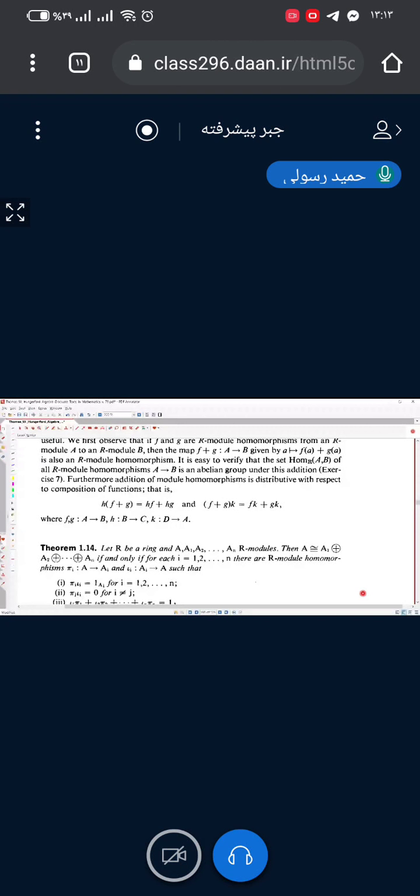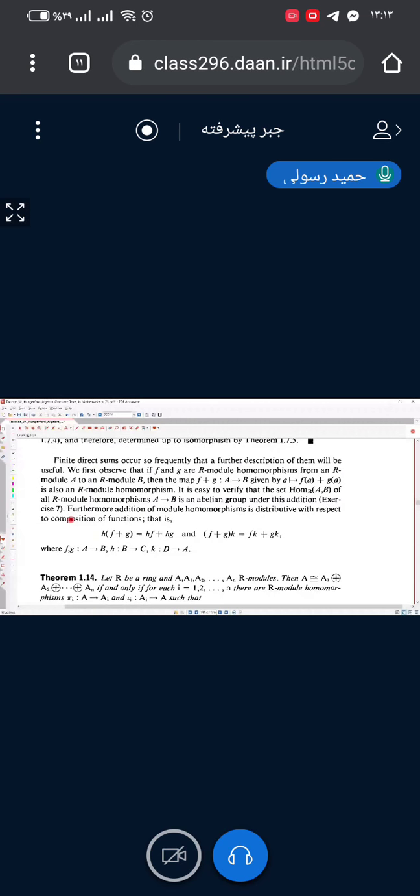Finite direct sums occur so frequently that a further description of them will be useful. We first observe that if f and g are R-module homomorphisms from an R-module A to an R-module B, then the map f plus g from A to B given by a maps to f(a) plus g(a) is also an R-module homomorphism.